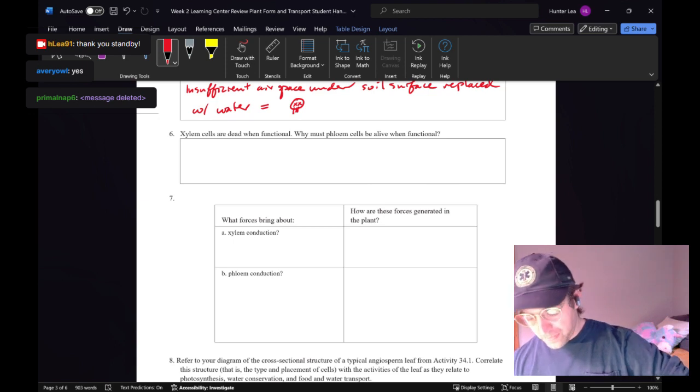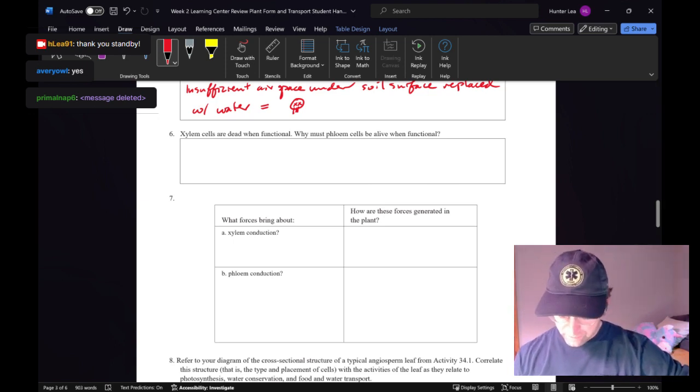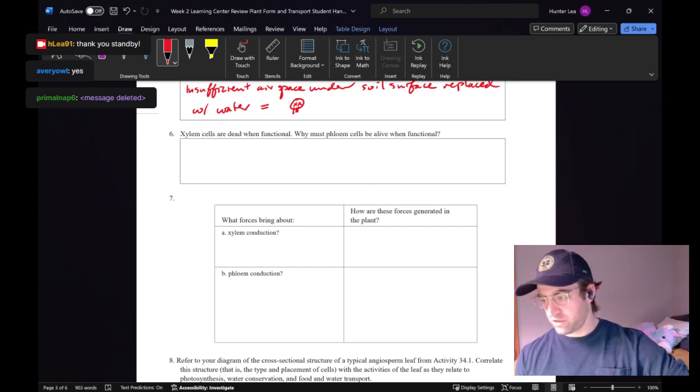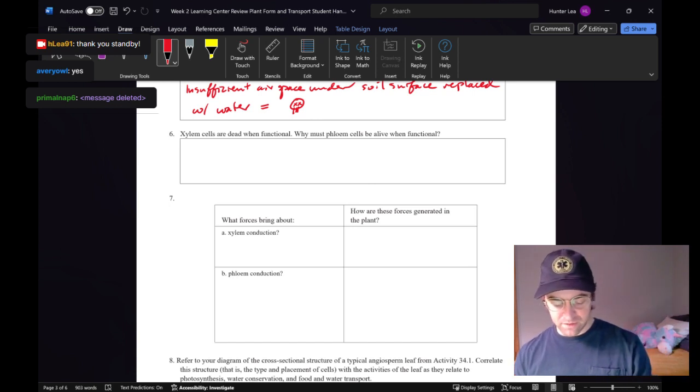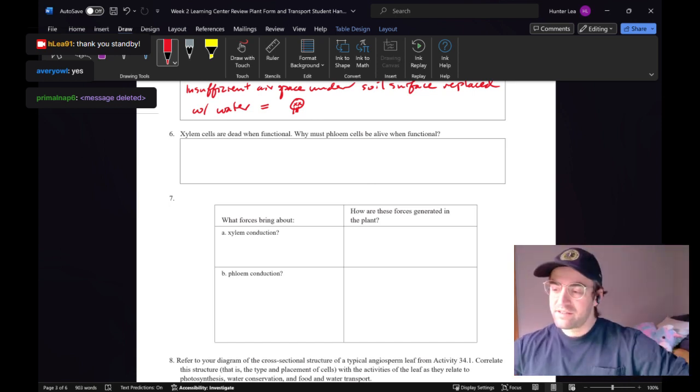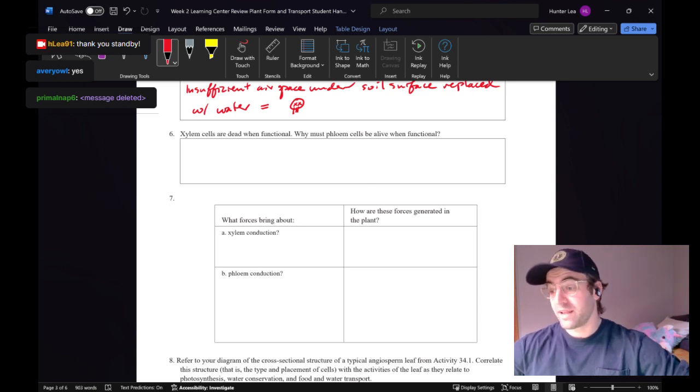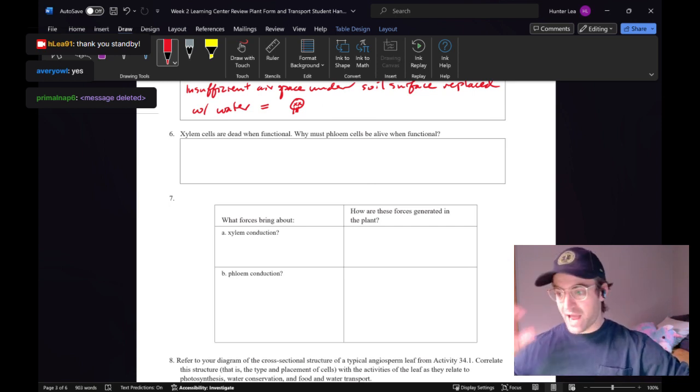Xylem cells are dead when functional. Why must phloem cells be alive when functional? Xylem, remember, is very structural, right? Xylem is used by humans for a great deal of our shelter, especially here in the Pacific Northwest, where we have a lot of timber. All of the wood that you would use to build a desk or something is xylem, is how I remember it.